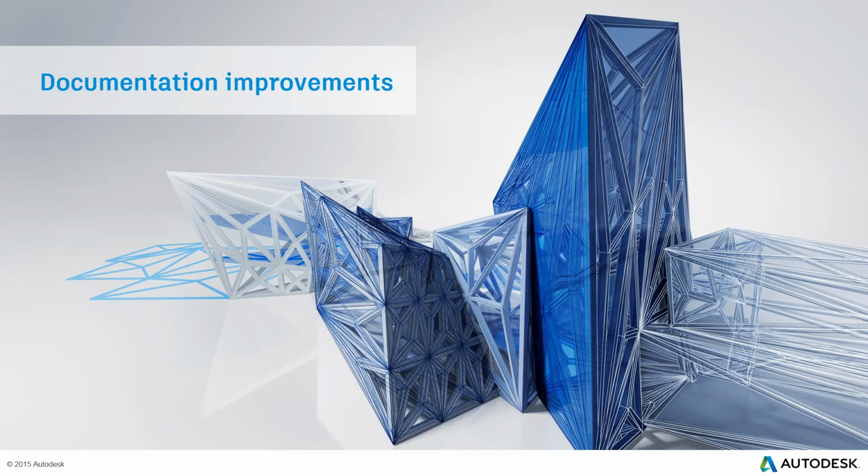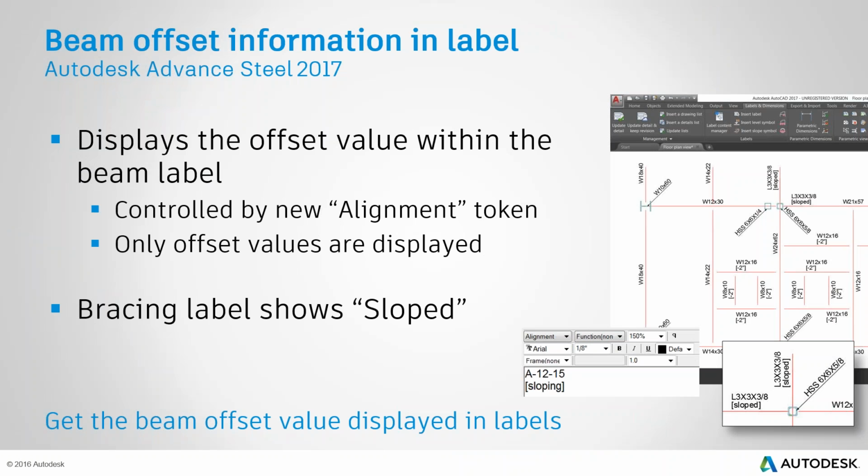Looking at some of the documentation improvements that can help your productivity. The beam offset value is automatically displayed in the labels, and the relative vertical position of structural members can also be displayed on that beam label. They are controlled by a token that automatically displays that offset value, and it's also in relation to the plan view.